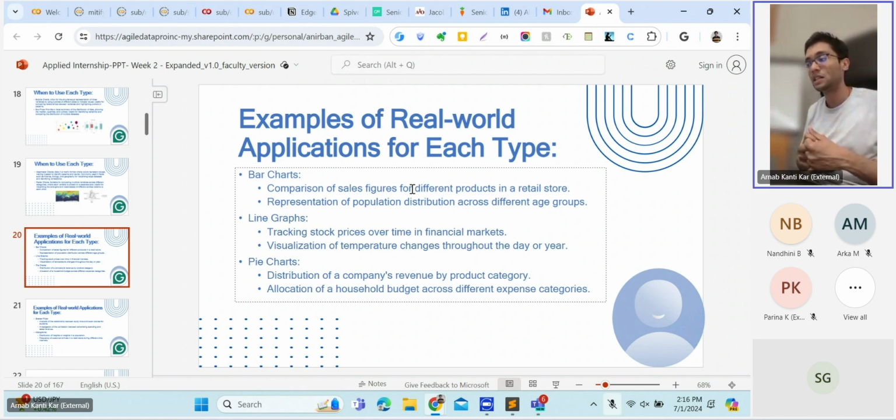So that's line graphs. Pie charts: distribution of a company's revenue by product category, by region. Like we saw in the Maryland, Washington example, where Maryland was the highest contributor, then Washington, and then the rest of the states. Allocation of household budget across different expense categories.